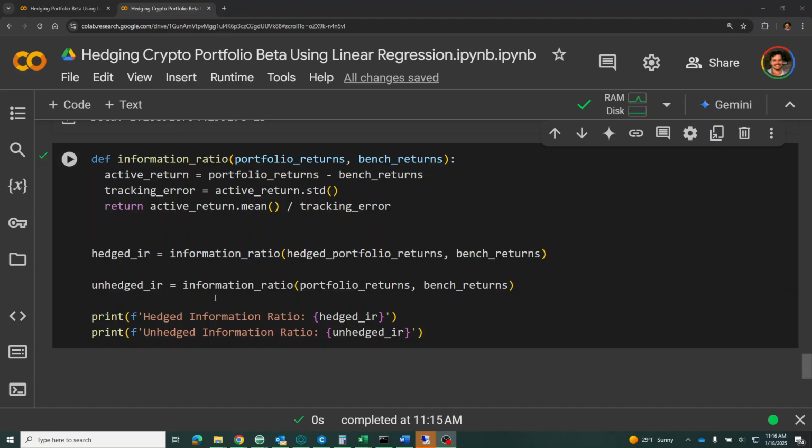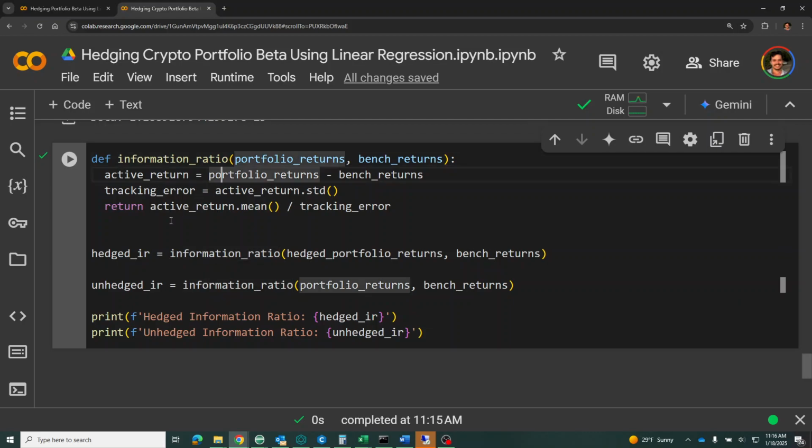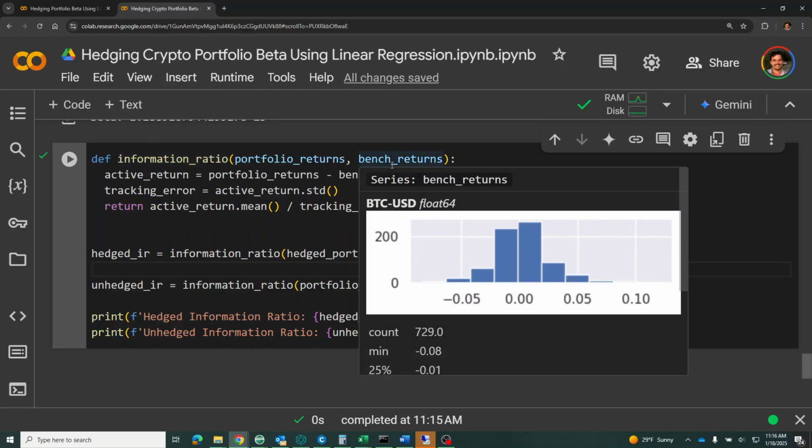The information ratio is a little, hopefully I can explain this well enough, but let's first define what we're doing or how we calculate the information ratio. We're putting through our portfolio returns and our benchmark returns.